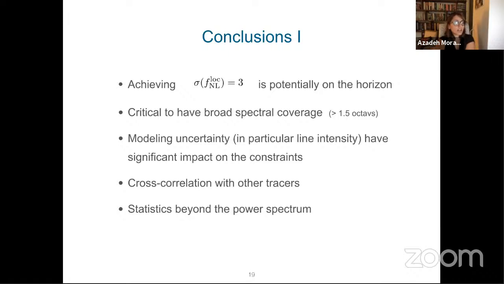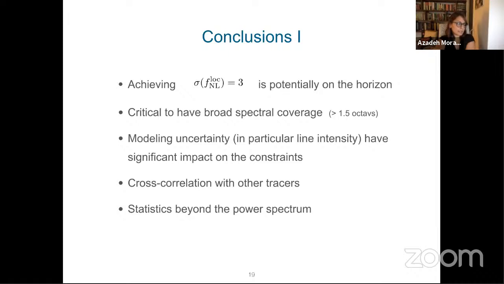But it's critical to have broad spectral coverage, and an important ingredient that needs to be refined is the modeling uncertainty and its impact on the parameter constraints.